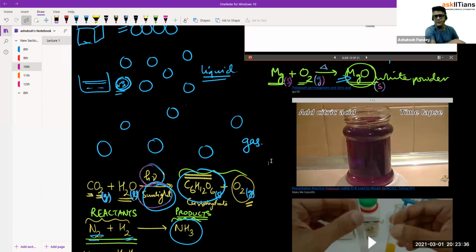Now we are going to add citric acid. Citric acid, like we can take some lemon. So it's a time lapse video.